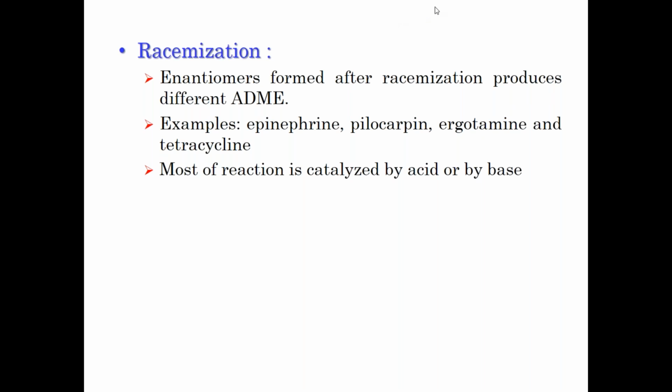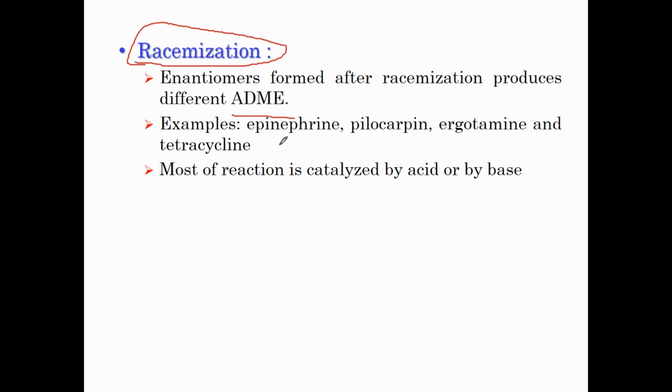I'm not expecting you to understand exactly what this is. I remember in B Pharm we used to study in detail what racemization is. But for today's purpose, I just want you to remember that racemization can happen, is one of the chemical changes happening to the drug molecule, and can affect the ADME process.